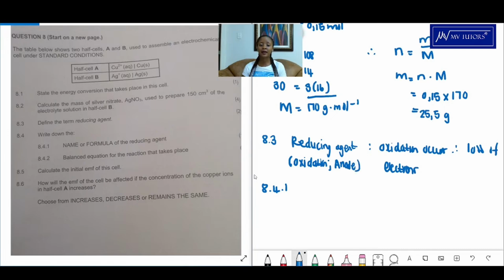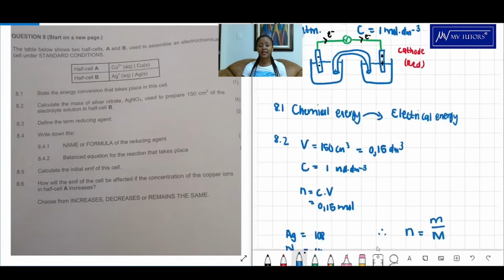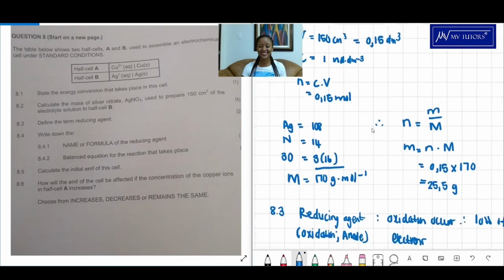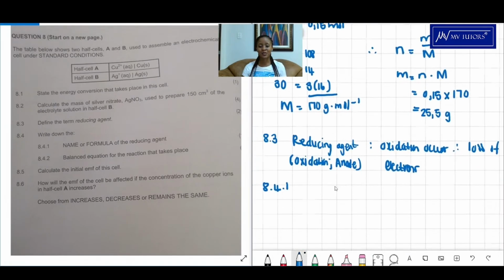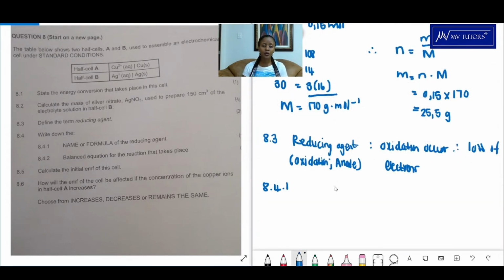Remember our galvanic cell here is incomplete. We need to complete it just so that we see what is happening. For you to see which one is the reducing agent, you're going to have to consult your table of standard reduction potentials. Whether you use table 4A or 4B doesn't matter for me. It will give you the same answer.